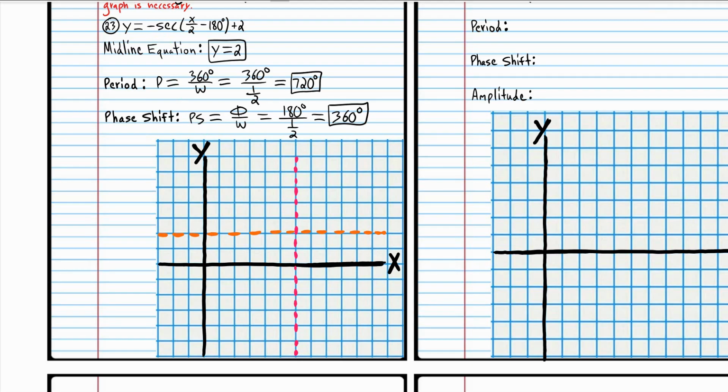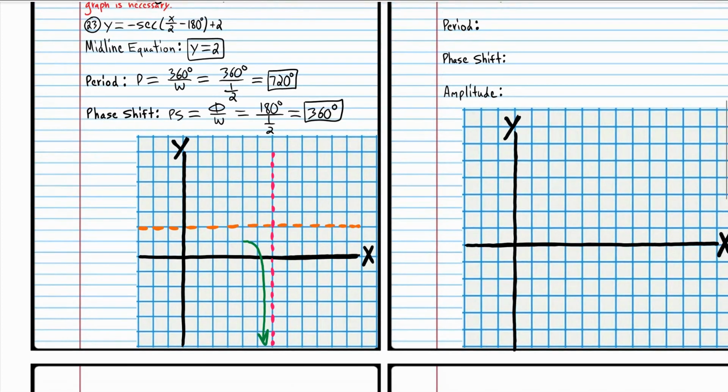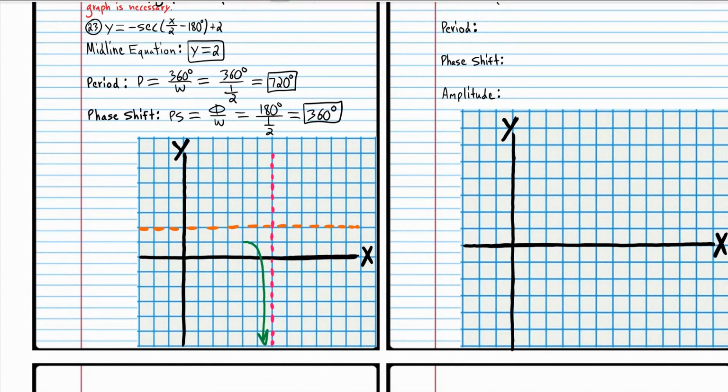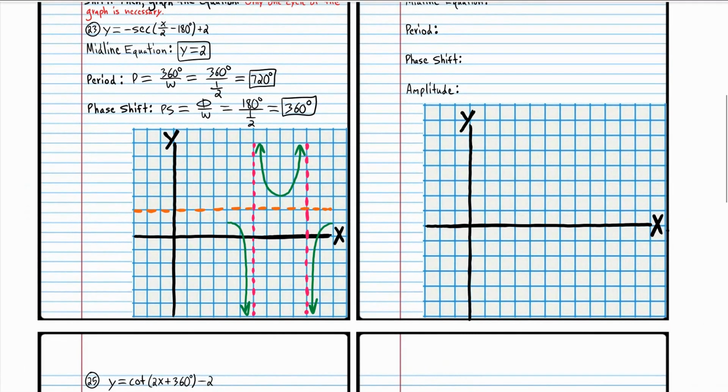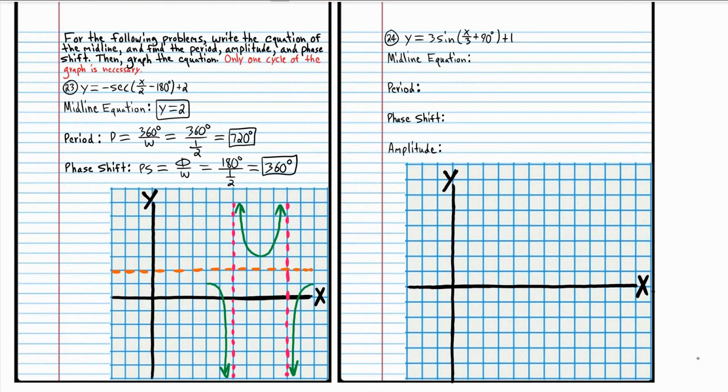Everything's going to be flipped the other way. So the graph is actually going to go down like this. And then it's going to go in a U shape up like you see here. And we're going to have another asymptote. And then we're going to have another curve down here. So if your graph looks something like that, good job. That's good enough. Okay, go ahead and try number 24, and when you come back, we'll do it together.